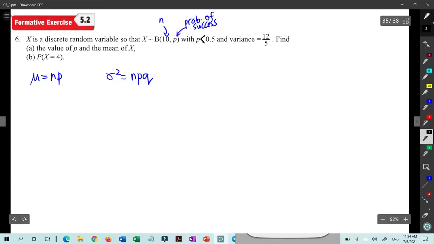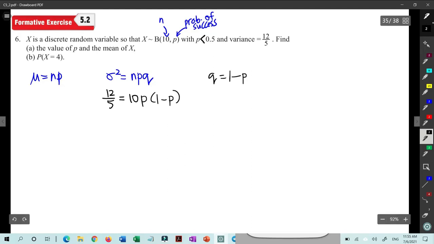So we know that the value of n is 10, right? So variance is 12 over 5 equal to n, which is 10. We don't know what the value of p is, but we know that q is equal to 1 minus p. So I'm going to replace the q with 1 minus p.